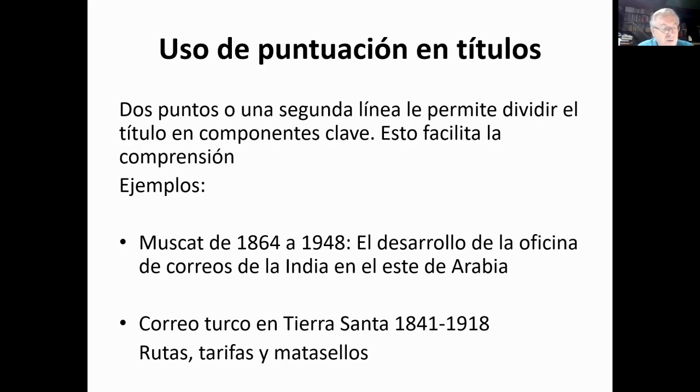The first 6 frames were arranged chronologically, and the final 2 frames, the first one was on the Jewish settlements, and then the last frame was on the military side of the Ottoman post in the Holy Land. So that was a clear example of where the exhibitor created a very good, effective title, but then did not actually follow the lead that they had set for themselves in that title.